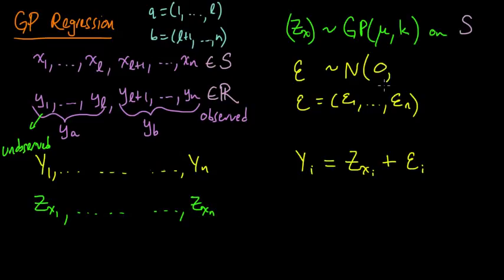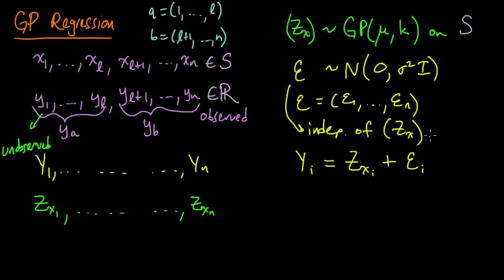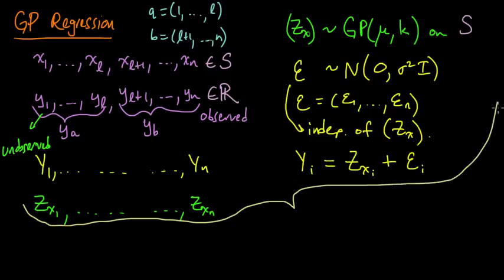Epsilon is a multivariate normal with mean 0 and covariance matrix sigma squared I. And epsilon is also independent of our Gaussian process Z of x. Okay. So this is our model. This is the Gaussian process regression model, and note that this S is just some arbitrary set. So this whole thing is our model.